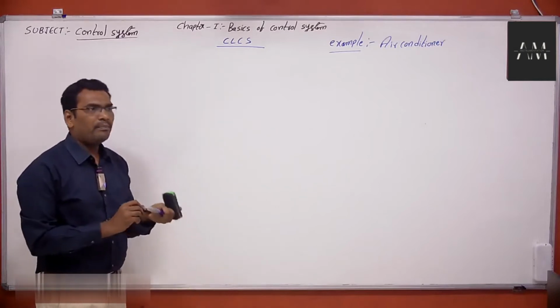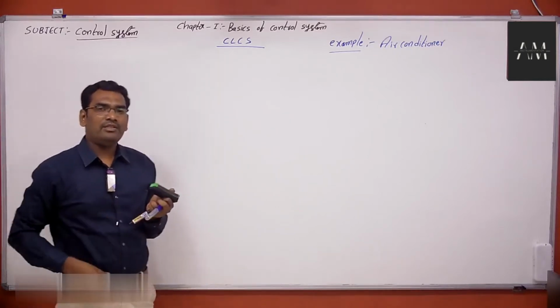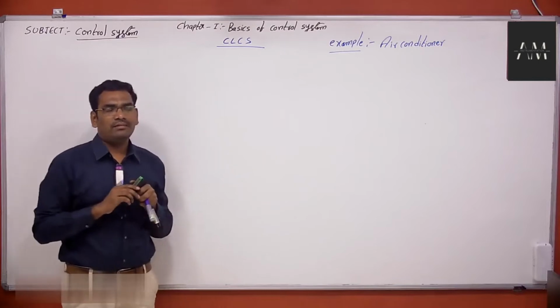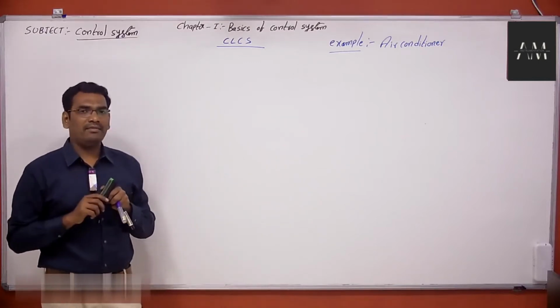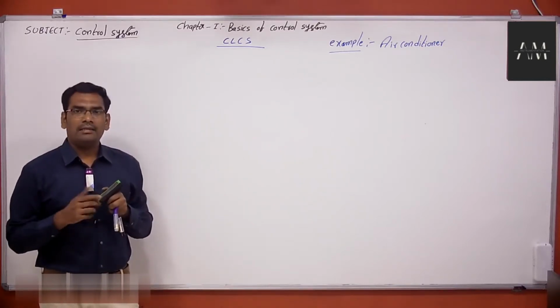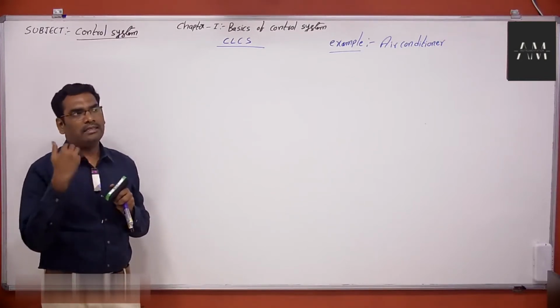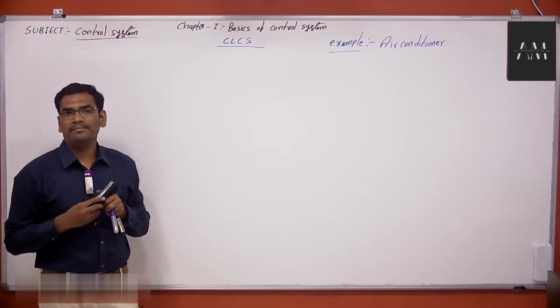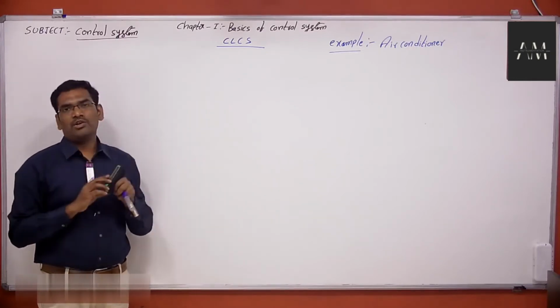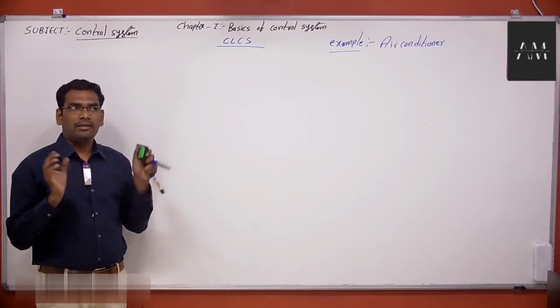Then you tell me, while properly operating the air conditioner, what is your role? You are saying that, sir, I spent 50,000 rupees and just purchased a new air conditioner. Then you install the air conditioner, then you give the supply.